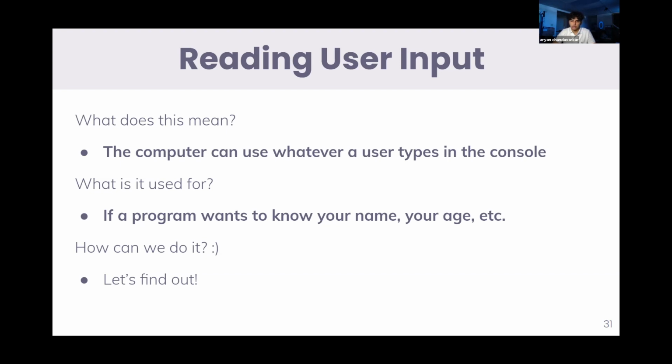An example of this is when you're typing in your username or your password, or when you type in a Zoom link or a Zoom password, the computer checks to see if the password is true, and it can understand and take in whatever you type into it. So input means you're giving information to a computer, and output means you're receiving information from a computer. So here, the computer is going to try and read whatever we type into the computer.